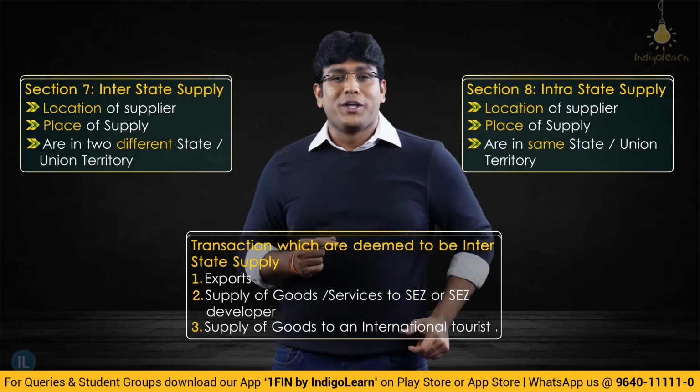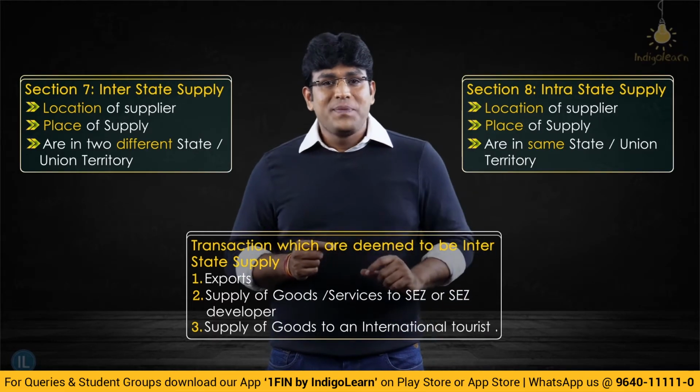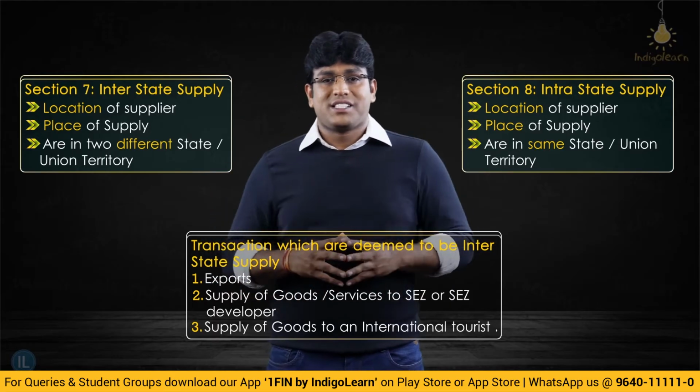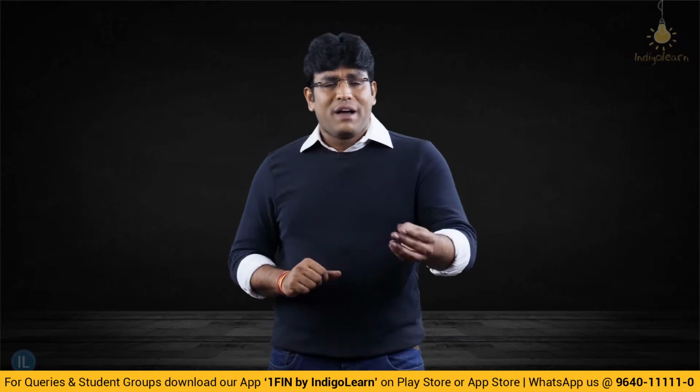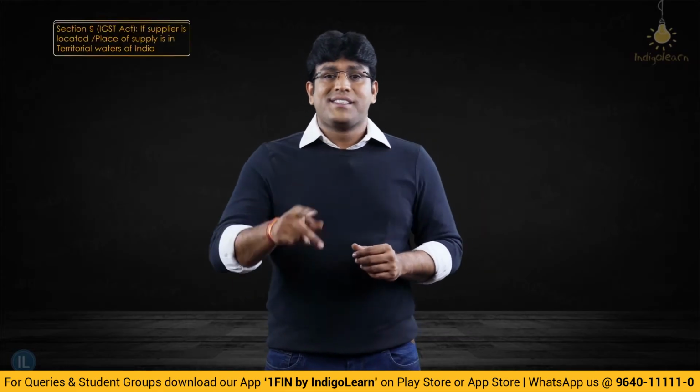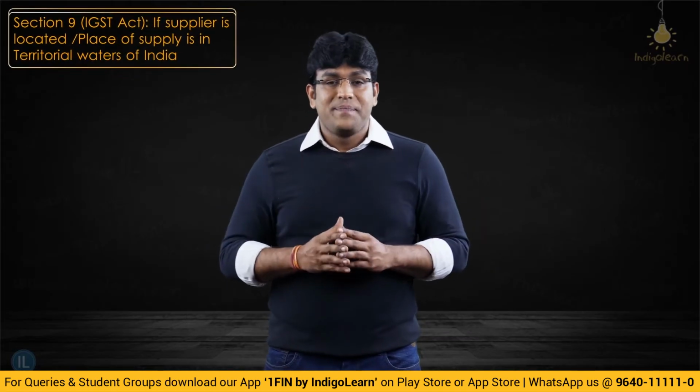So this is the story of Section 7 and Section 8, where you have to understand what is intrastate supply and what is interstate supply. Then, my dear friends, we have another beautiful section, Section 9 in the IGST Act, which talks about what will happen if the location of supplier or place of supply is in the territorial waters of India. We know territorial waters of India, no sir?